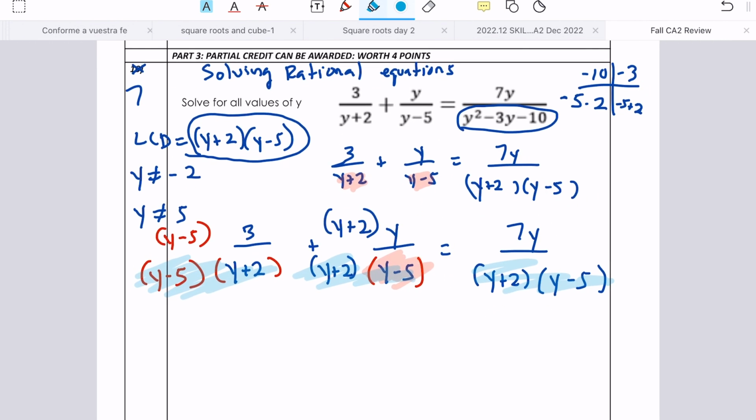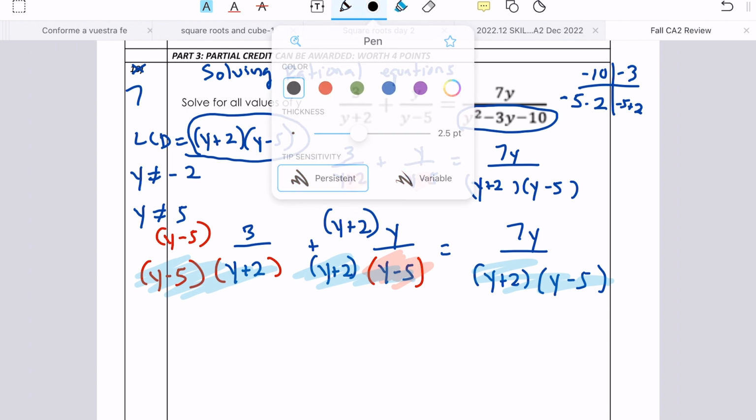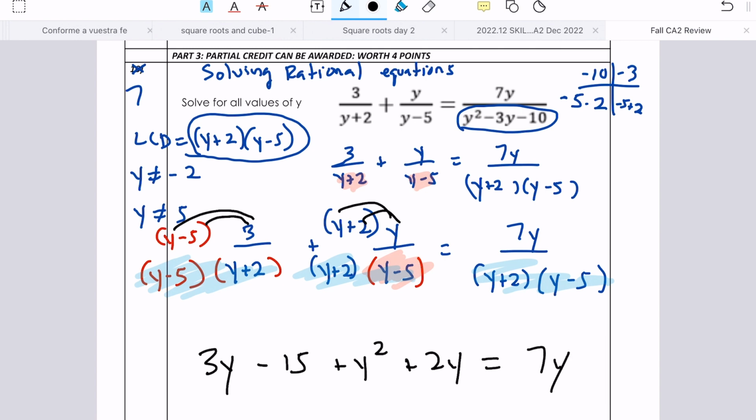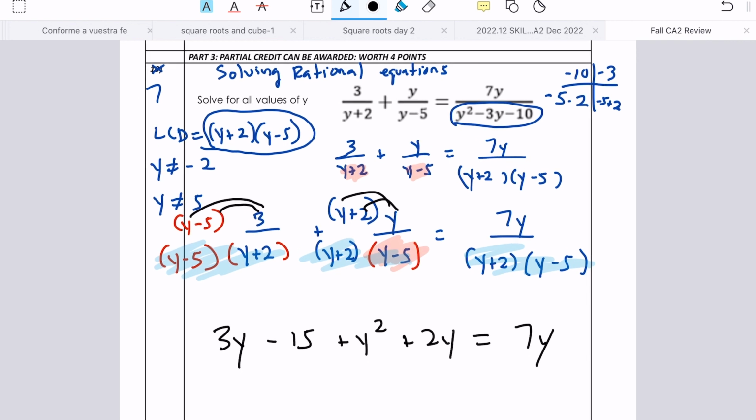Now, we're going to have 3 times y, well that's 3y. 3 times negative 5, negative 15. Y times y, y squared. 2 times y, that's 2y. Notice I forgot about the denominator. And now I'm going to combine like terms and rearrange.